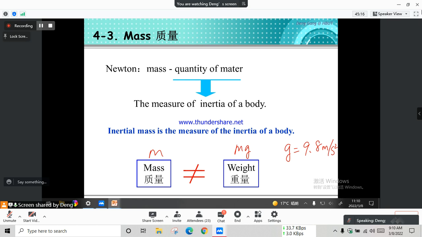So these two are not the same: mass m, and weight mg. Weight is a force, while mass is the measure of the inertia of the object. So we can call it inertial mass because it's the measure of inertia of a body, but usually we call it mass for short.